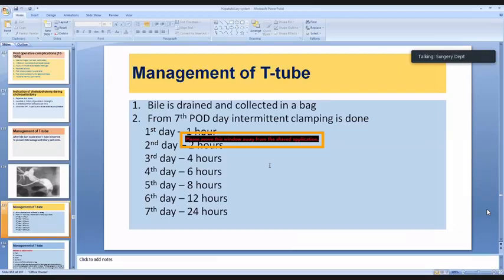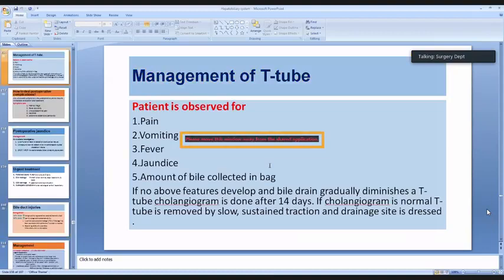এইভাবে 7 দিন পর, that is total 14 দিন পর আমরা ক্ল্যাম্প করে রাখবো for 24 hours, এবং ক্ল্যাম্প করার সময় দেখবো whether there is pain, vomiting, fever or jaundice, and amount of bile collected in the bag.